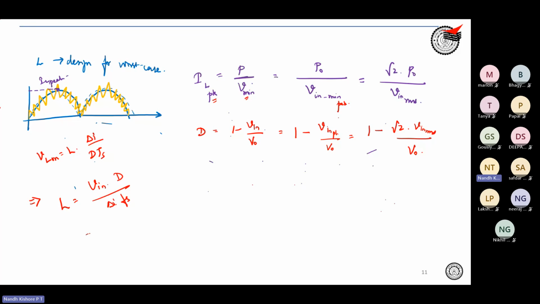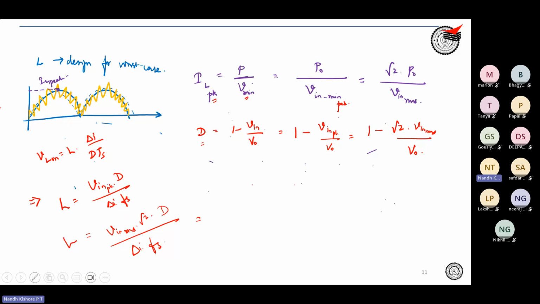Vin is Vm sin omega t, but we are dealing with V in peak over here. So V in peak is V in RMS into root 2. L is V in RMS into root 2 into the D that you would calculate, divided by delta I into Fs. This would be your value for L.